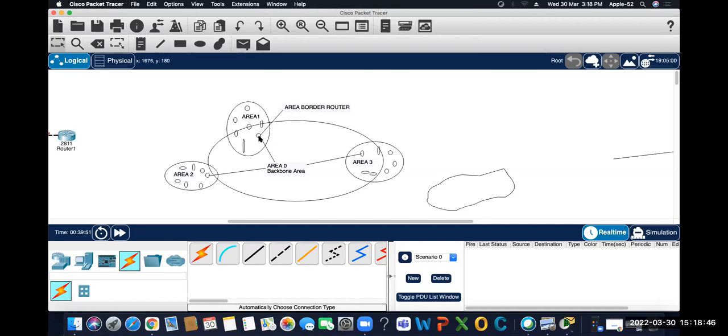ABR will not give every piece of information to area 0. Let's say this router is not working; ABR will not tell area 0 that my particular router is not working. It will figure out itself which other paths or networks are available. It will tell only summarized information to the area 0 router.